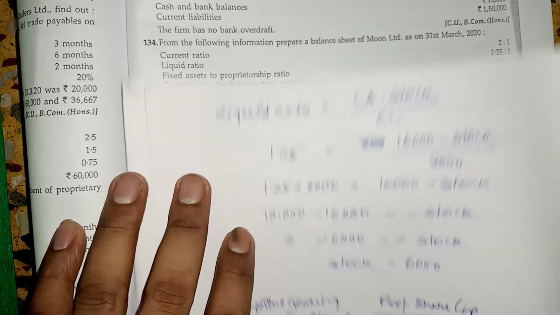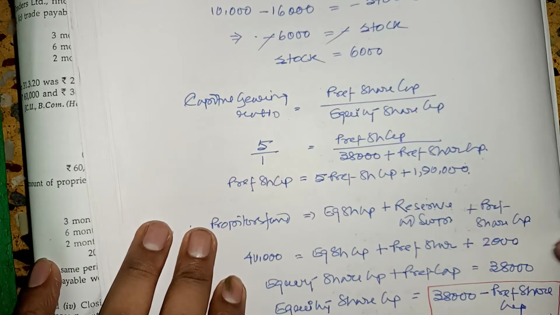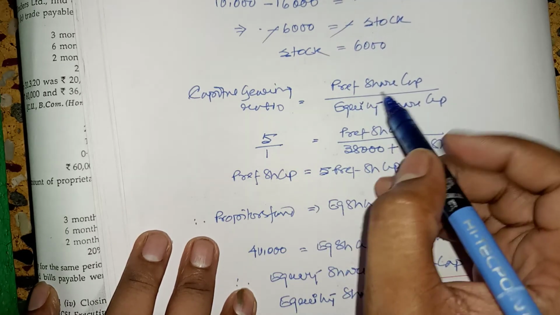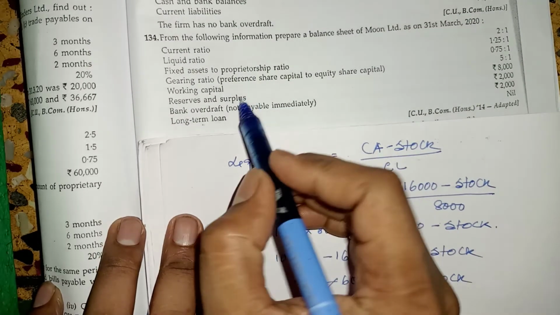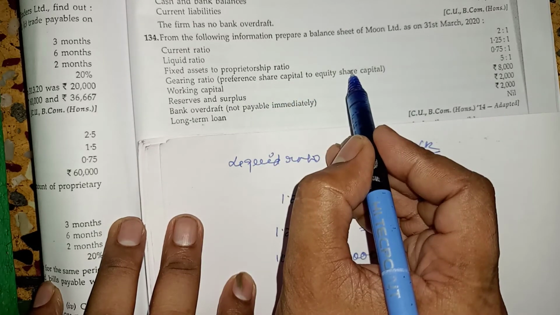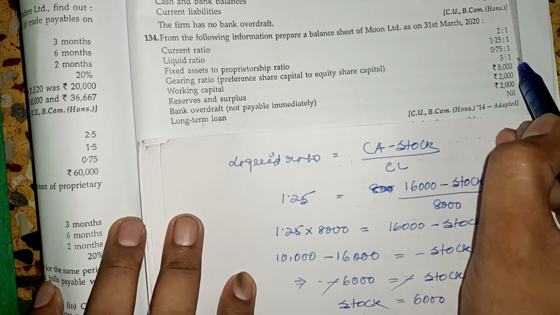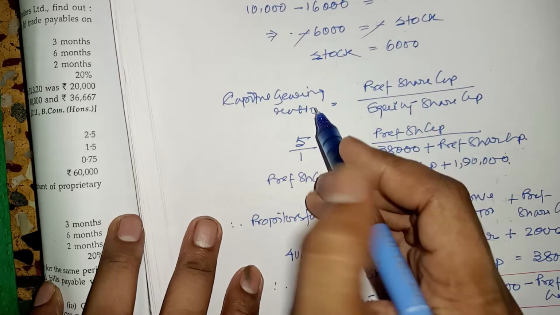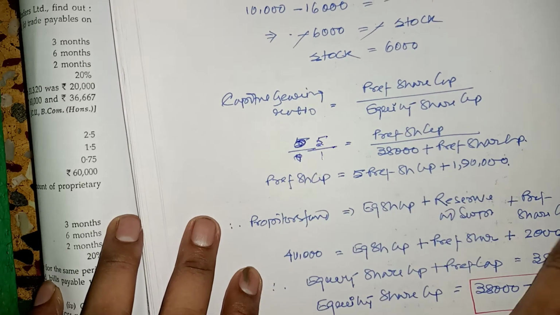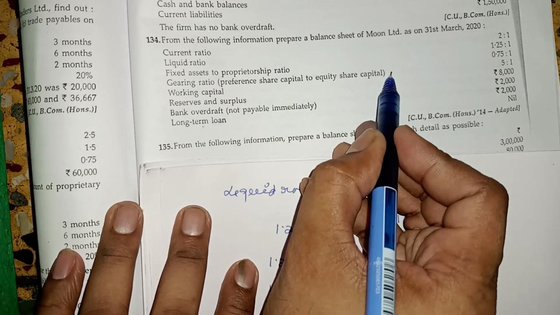Sorry student, this formula is wrong. Actually, it should not be preference share to equity, it should be equity to preference share.